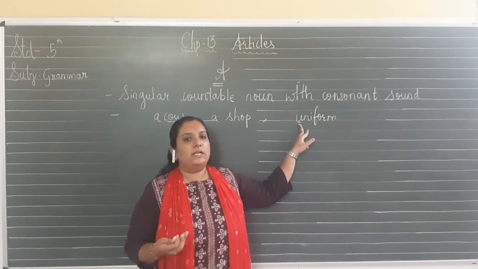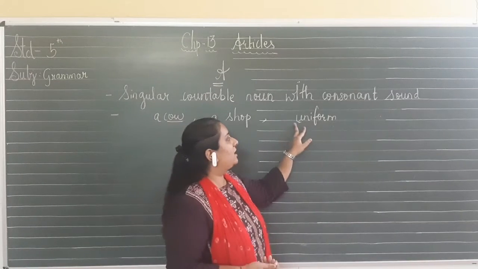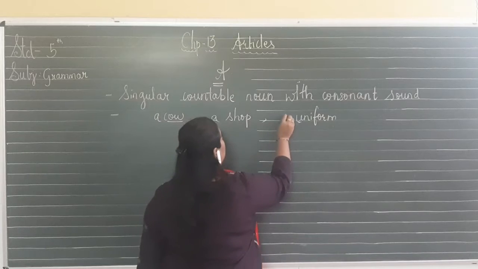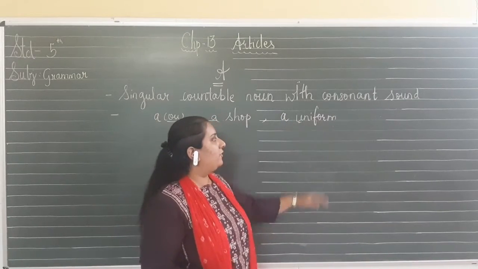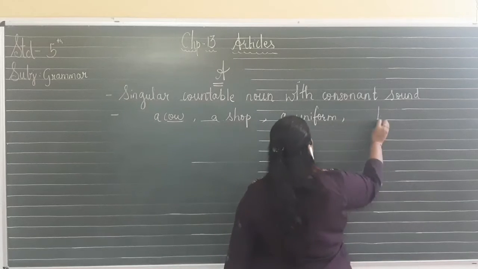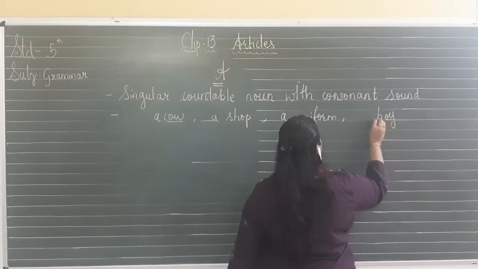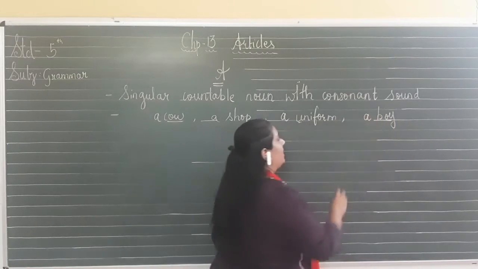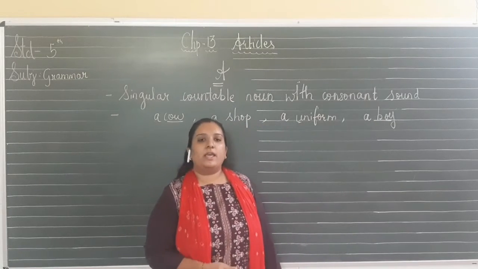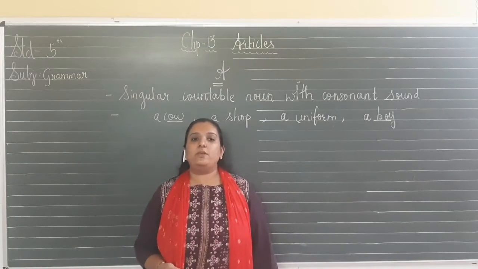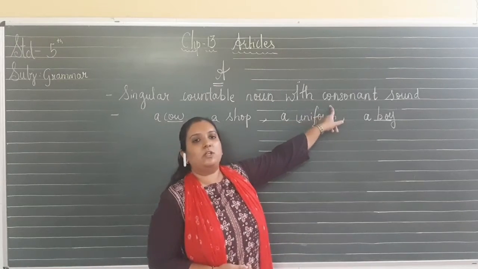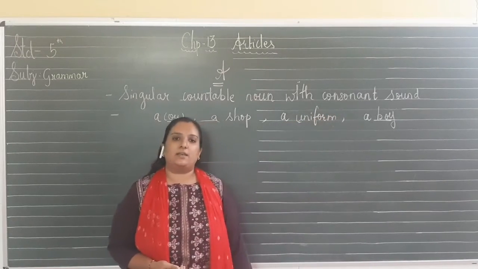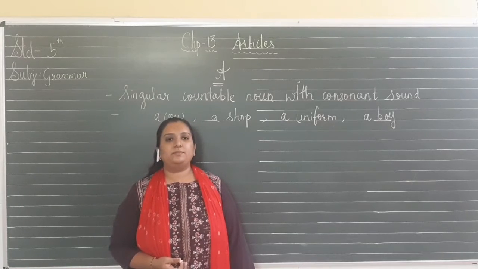"Yu", Y-O-U. It is a consonant. So here we are getting a consonant sound, so here also I will insert article A before uniform. Boy, consonant sound, singular countable noun. That is why I have inserted article A over here. So students, wherever you get a singular countable noun which begins with a consonant sound, only there you can use article A.